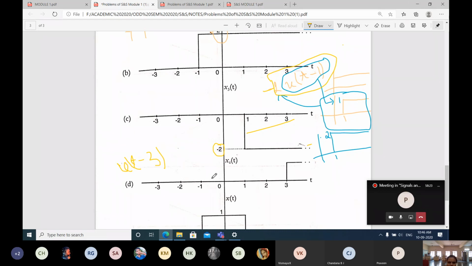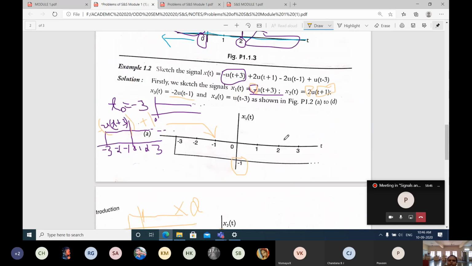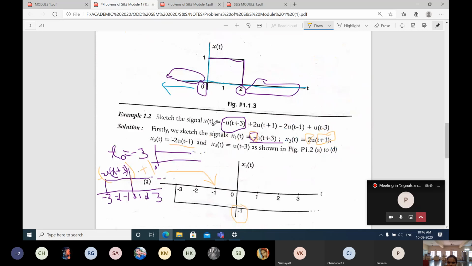Okay, the signal is going to be shifting; what is the t naught value? Plus 3. Plus 3 means right side. The u of t function is going to shift towards the right. How many positions shifted? 3 positions shifted. This is how you have to perform the operation for each individual function.